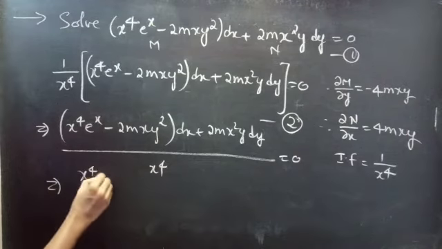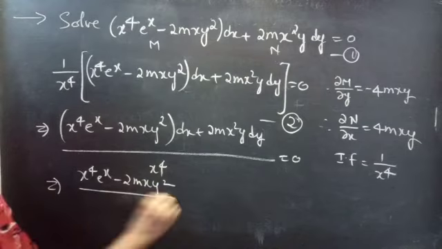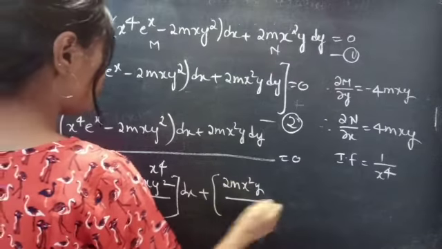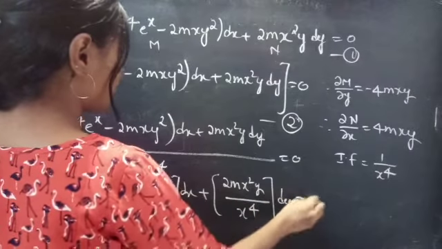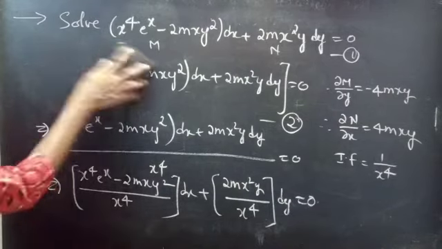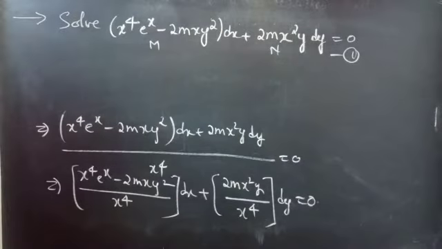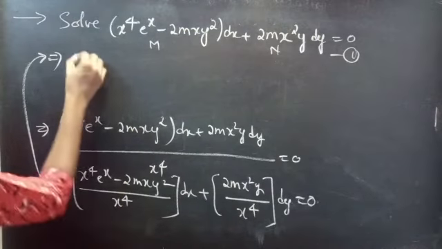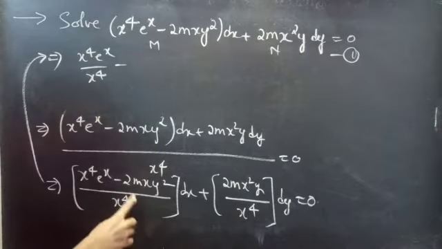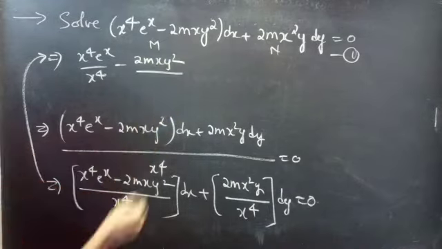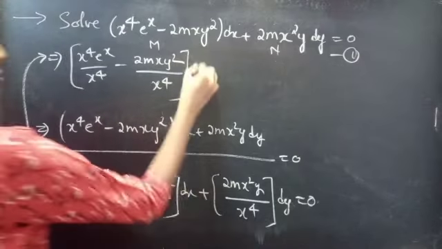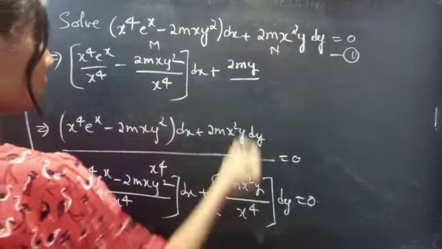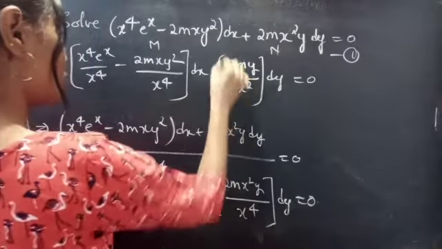Then this becomes, in the first term, you have two terms in the numerator and one term in the denominator, so we are going to split this into two terms: (x power 4 e power x by x power 4 minus 2mxy square by x power 4) dx plus, here 1 x square gets cancelled, so we get 2my by x square dy equals 0.